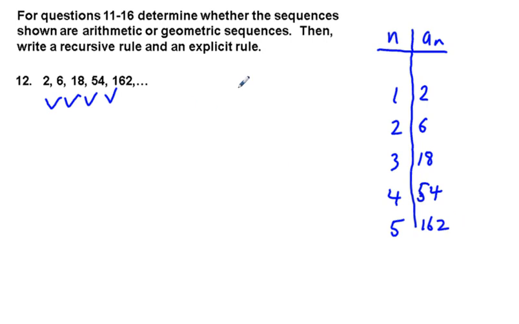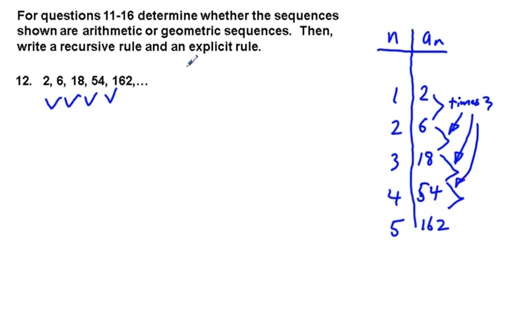And what we're doing is, what times 2 equals 6? It's going to be times 3. And if we go over here, notice all of these are going to be times 3. 6 times 3 is 18. 18 times 3 is 54. 54 times 3 is 162.